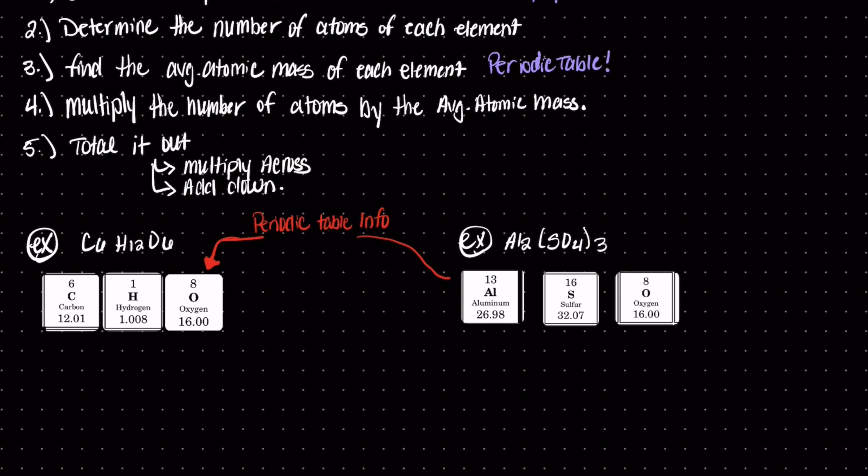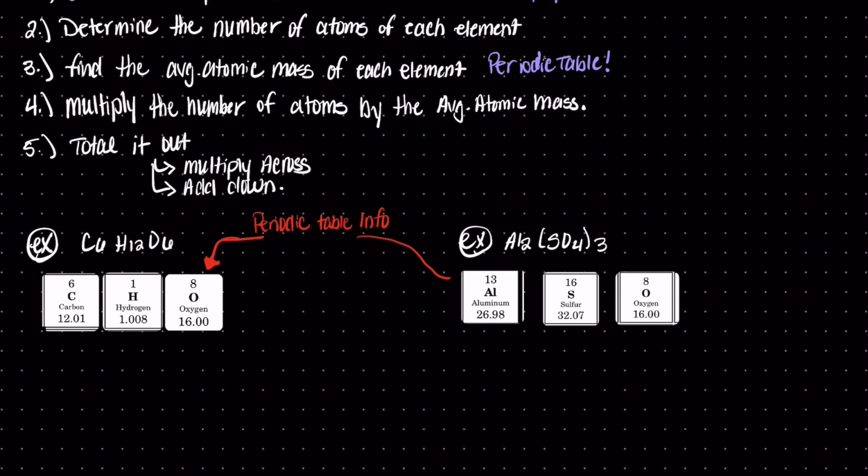That's from your periodic table. And then number 4, you multiply the number of atoms by the average atomic mass. And then step 5, you total it all out. So you multiply across, add down. We'll see what I mean when I go through it with you.